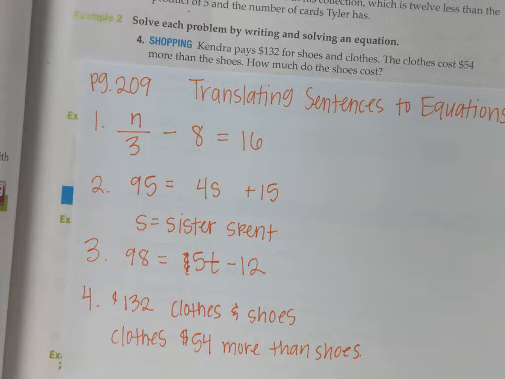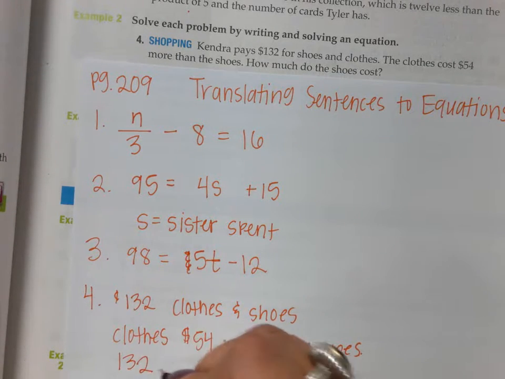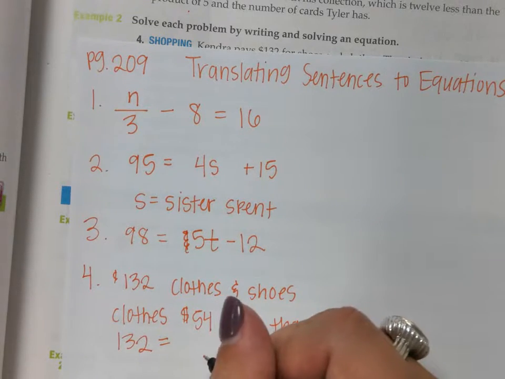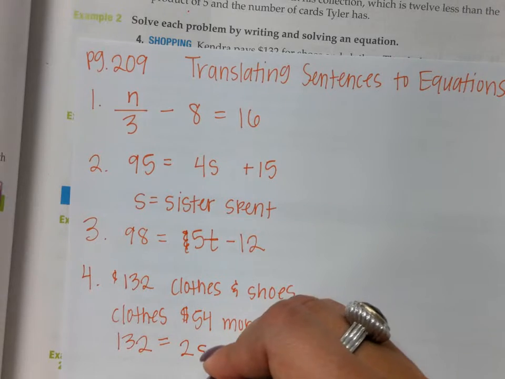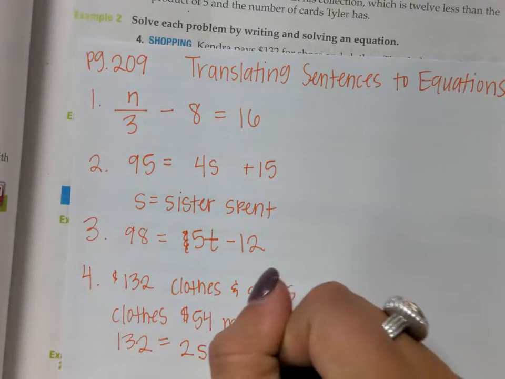If we didn't know that, then it would be different. Unless it told us that the shoes and the clothes cost the same. Okay. So we know that our total is $132, and then it's equal to, what variable do you want to use? S. So it's equal to 2s plus 54.